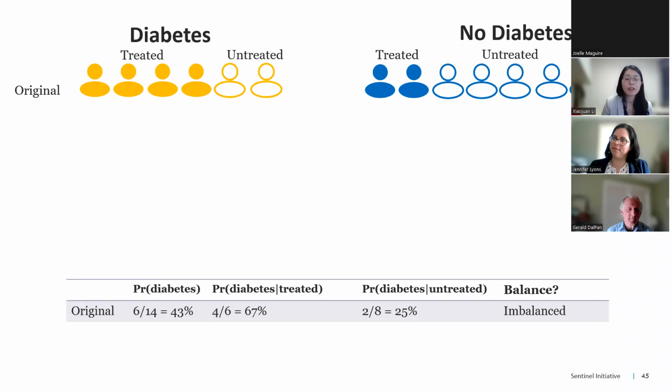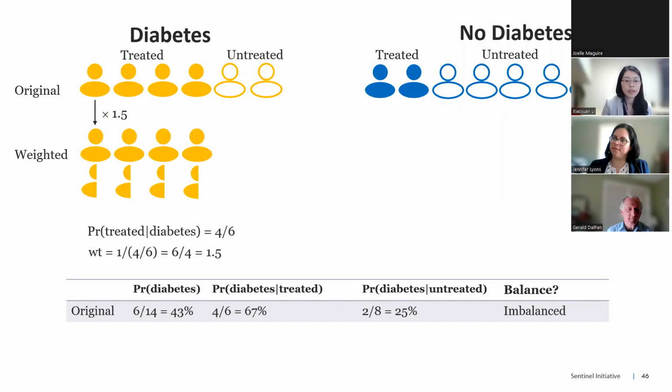So to make the treatment group just like the overall study population, which has a total of 6 diabetics and 8 non-diabetics, and in the treatment group we have only 4 diabetics and 2 non-diabetics, just to make this treated group more like the overall study population, we need to weight each of the 4 treated diabetic individuals by 6 over 4, which is 1.5.